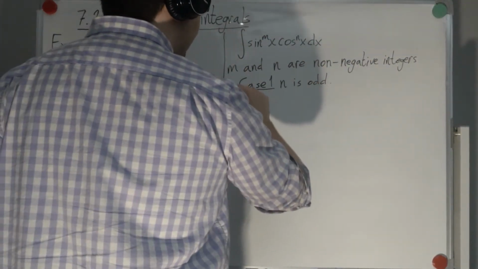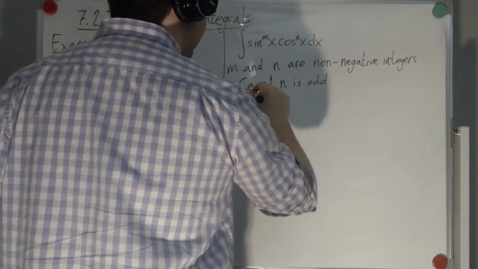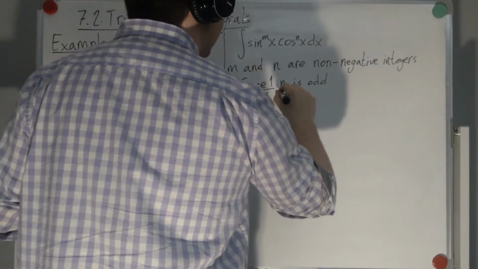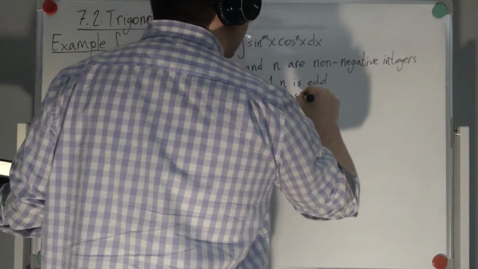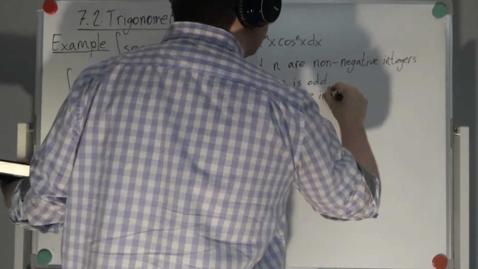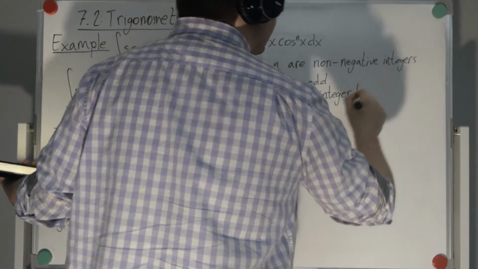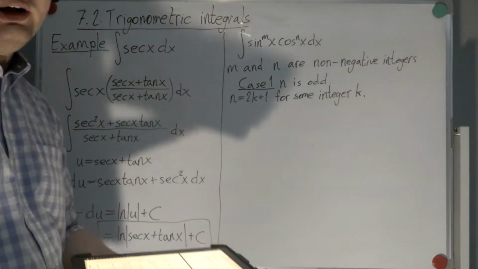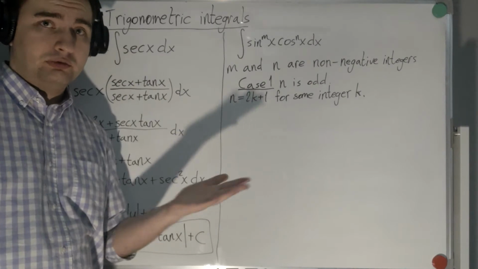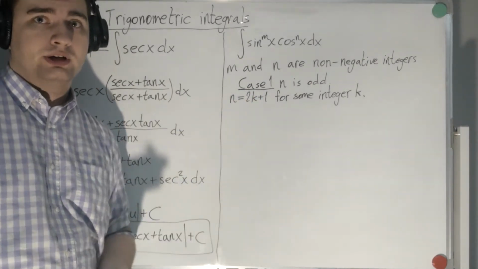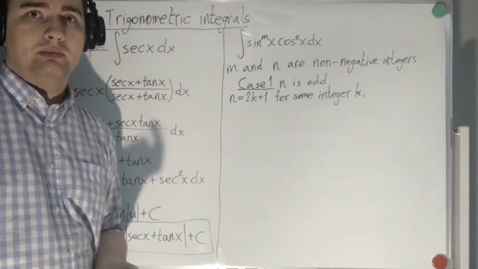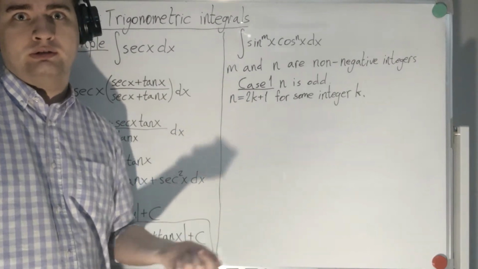So first of all, if n is odd, then that literally just means that n is equal to 2k plus 1 for some integer k. Right? 3 is an odd number because it's 2 times 1 plus 1. And 15 is an odd number because it's 2 times 7 plus 1.